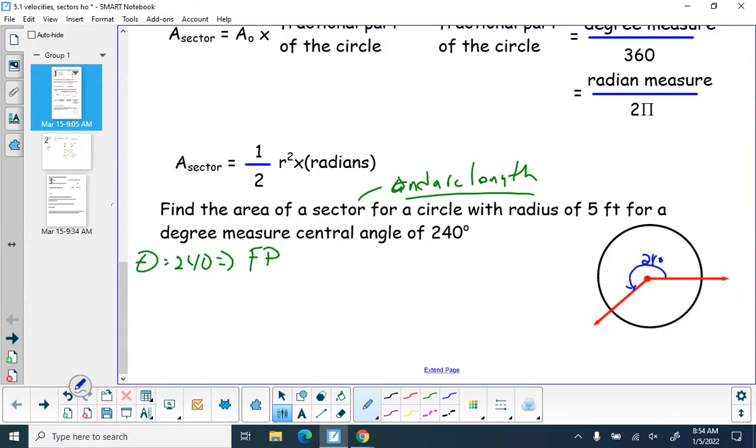I want to find the arc length and then whatever is in the interior here, the area of the sector inside there. Well, 240 degrees is what part of a circle? Justin? 2/3. We have 240 divided by 360. Okay, we get a value of 2/3.